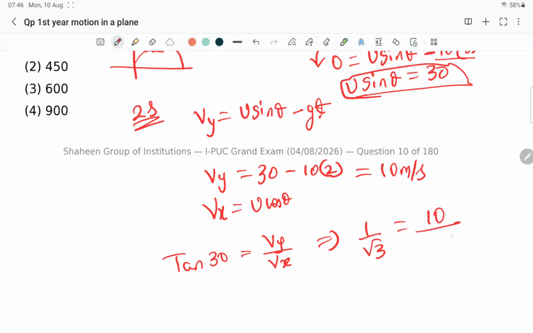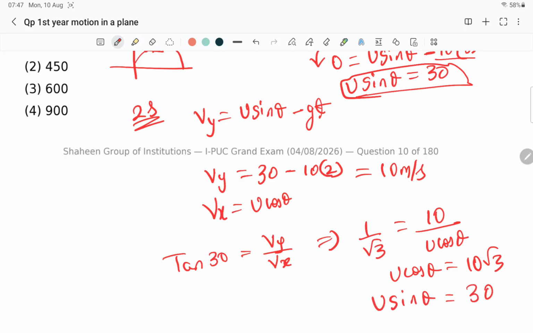Vy I got as 10, and Vx is u cos theta. So you get u cos theta as 10 root 3. And earlier we found u sin theta as 30.